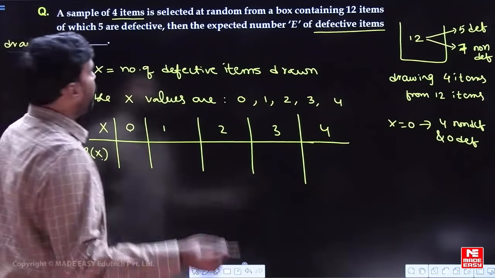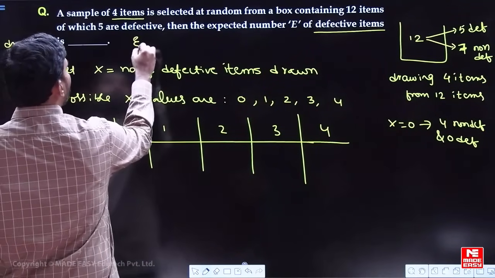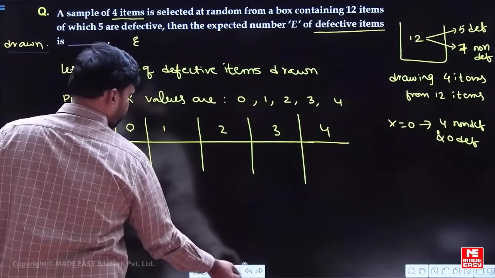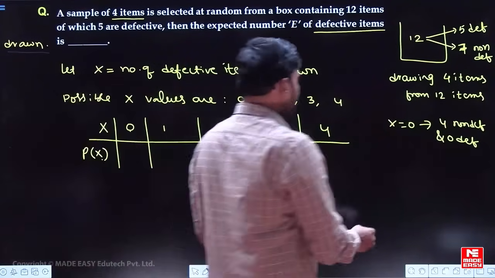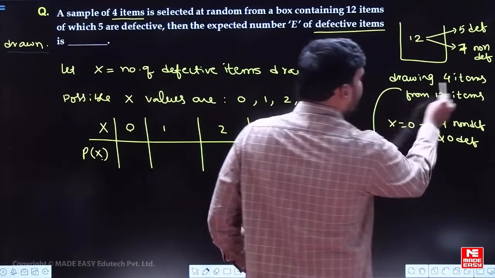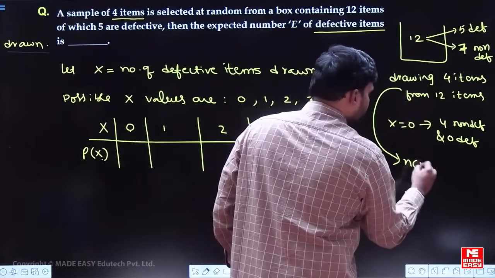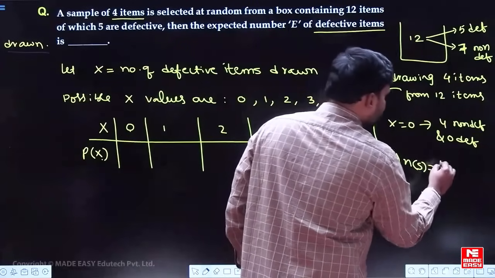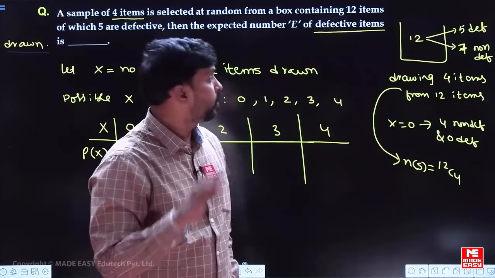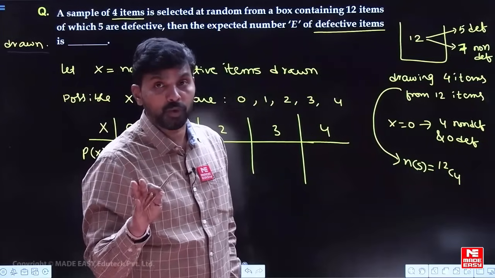So what is the experiment, beta? The experiment is drawing 4 items from 12 items. So what is the sample space? The sample space is 12C4, because the box has 12 items and we need to draw only 4 items from it.